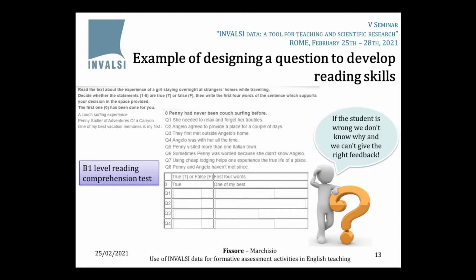In this case, the students receive a final feedback, correct or wrong, but if the student is wrong, we don't know why, and we cannot give the right feedback to the students.